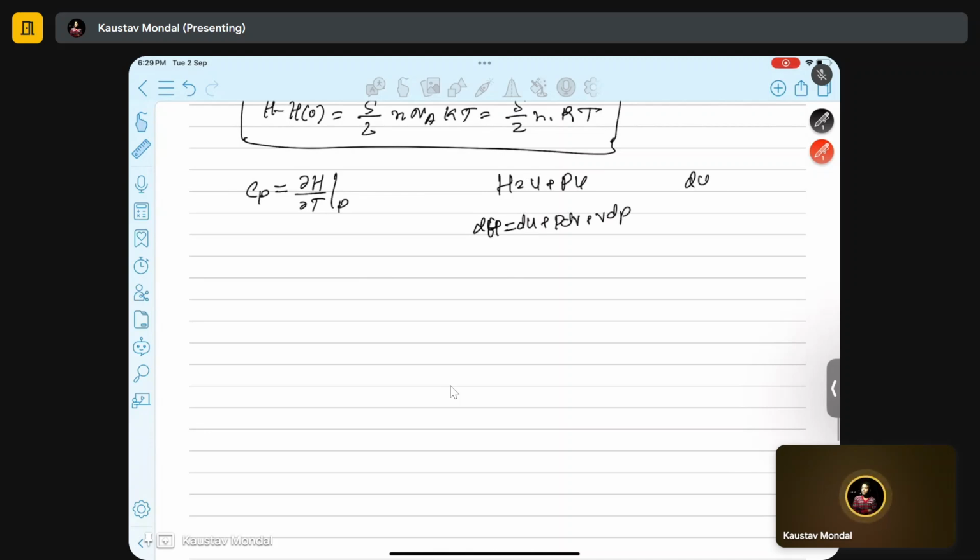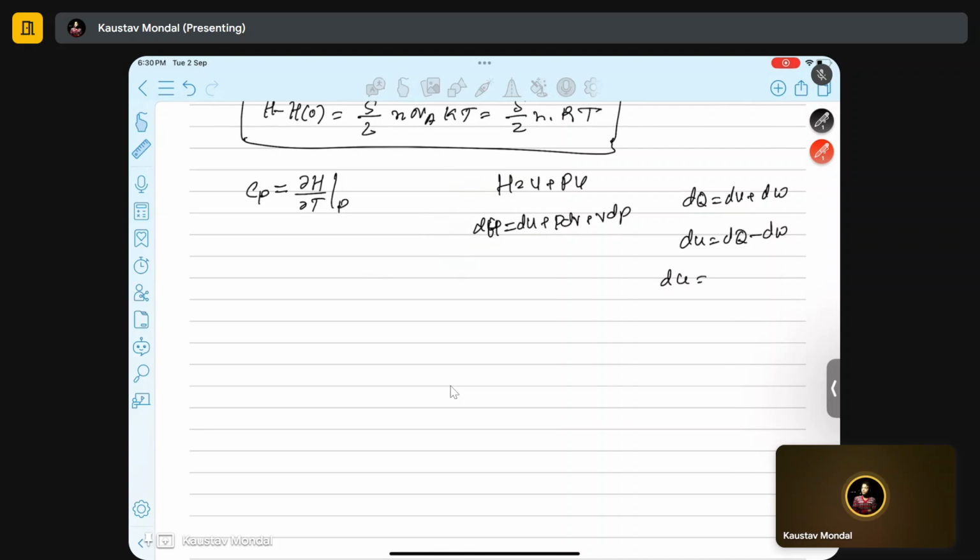Now dQ equal to dU plus dW, so dU equal to dQ minus dW.